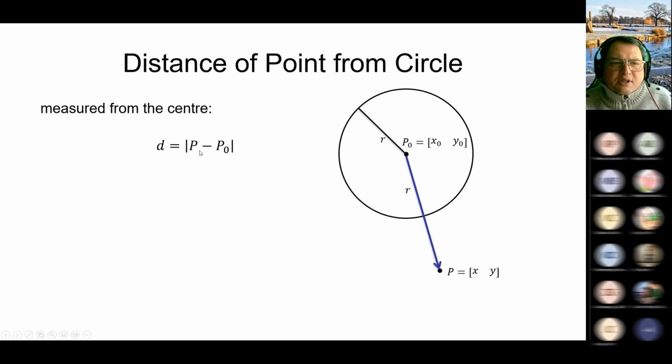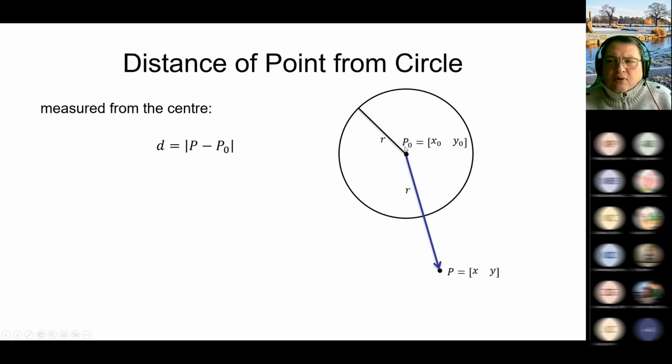These vertical lines just say we are interested in the magnitude of the displacement. The magnitude of a displacement vector is the distance between two points, and in this case, it's the distance of the point from the center of a circle.